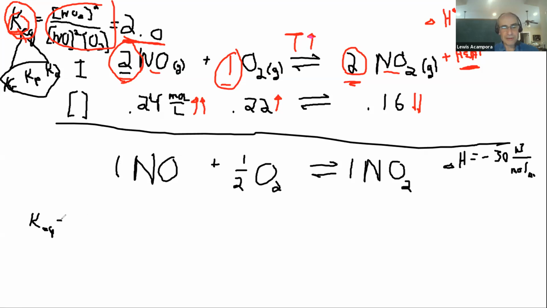So the equilibrium constant here would really be just the square root of K_eq, I'll put Roman numeral 1 here, as for this equation as written. So when I change the equation for the reaction, the value of the equilibrium constant changes.